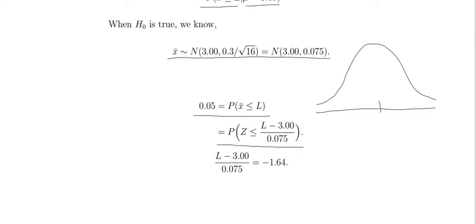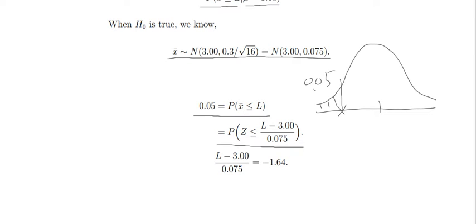We want to find the cut point such that the probability of being less than it is 0.05. We need to determine this cut point from the table.